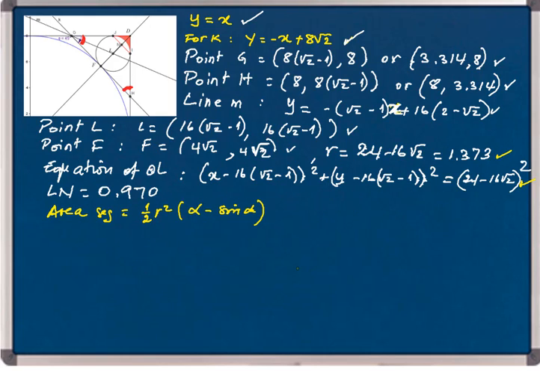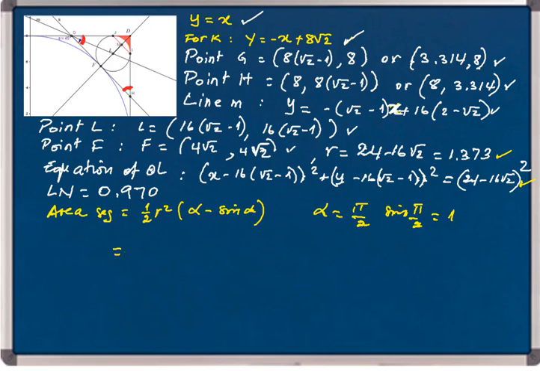Now we have the segment here to calculate. The area of the segment is half of r squared times alpha minus sine alpha, with alpha in radians. Our alpha is pi over 2, and sine pi over 2 is equal to 1. So we just plug them in. We have r squared, we have r.